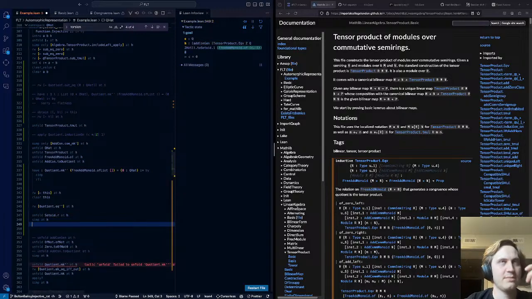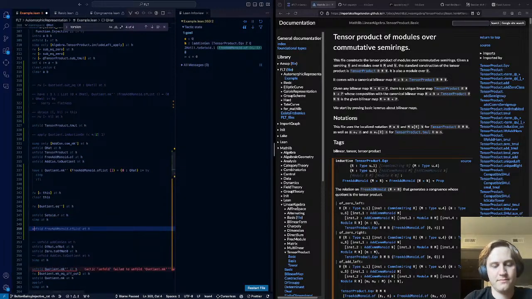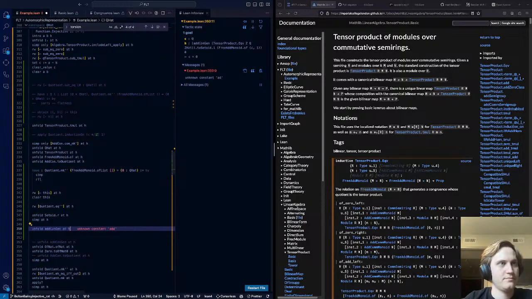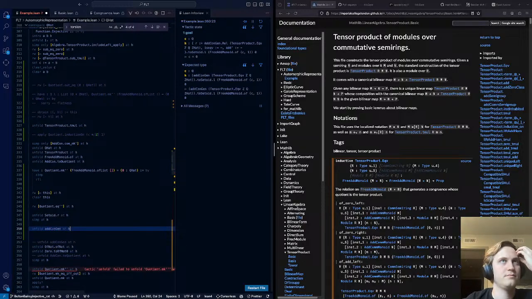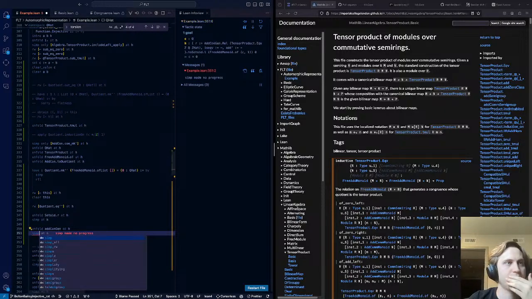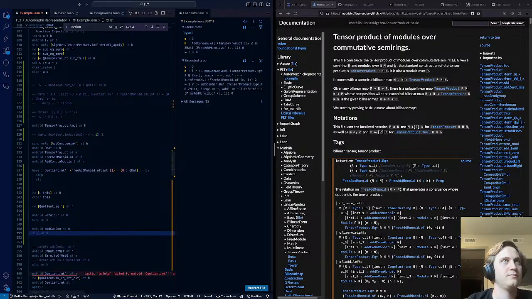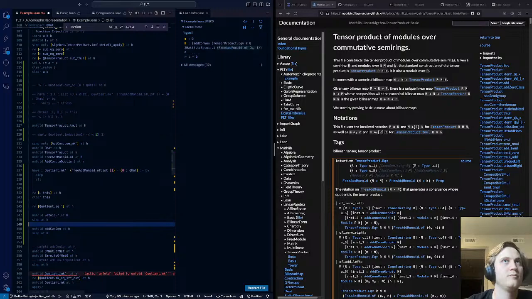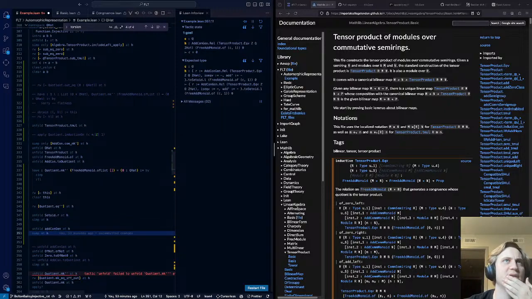Okay, what happens if I just start unfolding? So I have add_congen, and I get this add_congen rel.